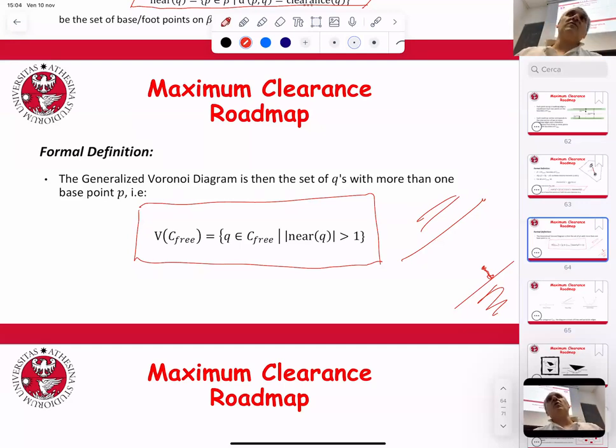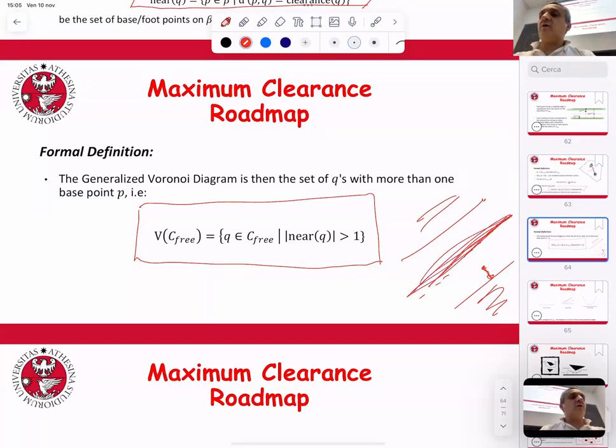So this point doesn't belong to the generalized Voronoi diagram. If, on the contrary, you move exactly in the middle between the 2 lines, then you have got 2 points. So the cardinality of the set near becomes greater than 1, and you can say that this actually belongs to the Voronoi diagram. Is it clear?